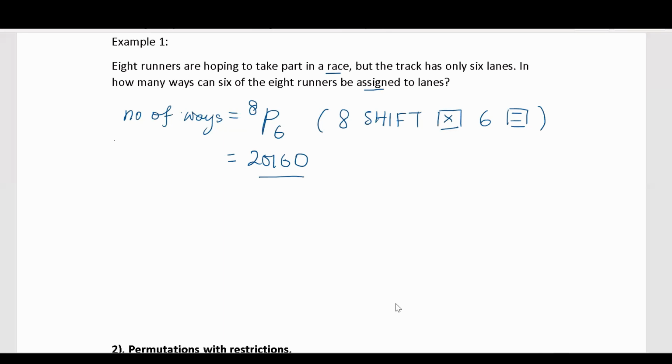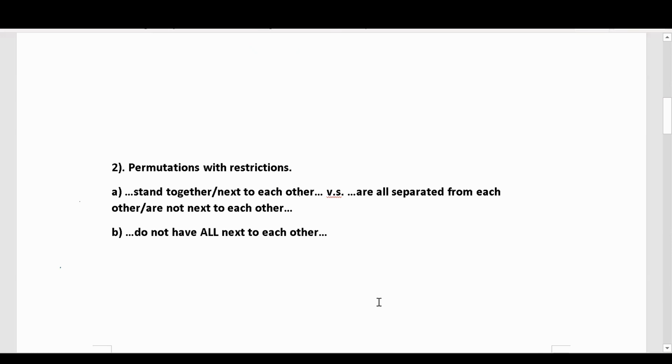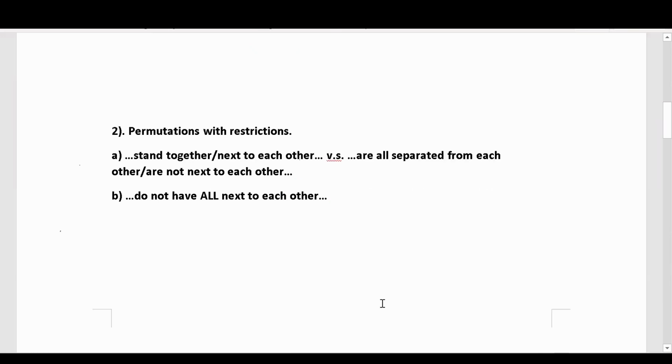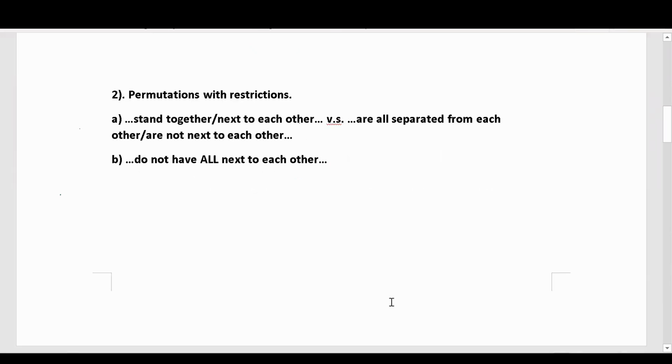All right. So throughout the years of past year questions, they like to ask about restrictions. The common restrictions they like to ask will be like A: some people stand together, or some objects must be next to each other, or some people are separated from each other, or some objects are not next to each other.